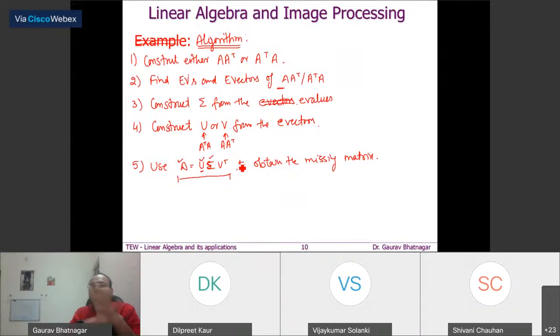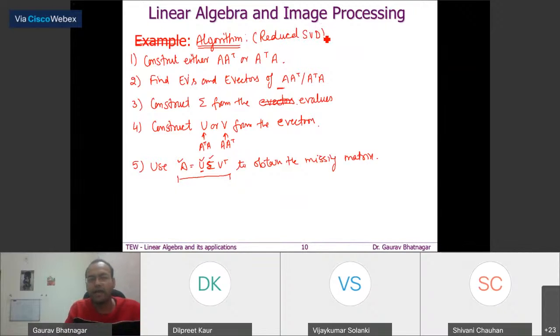The only issue with this algorithm is that you have to be very cautious when you find the full SVD versus the reduced SVD. As I mentioned, we are more concerned about the reduced SVD, so I am not going into the extension of this algorithm for the full SVD.